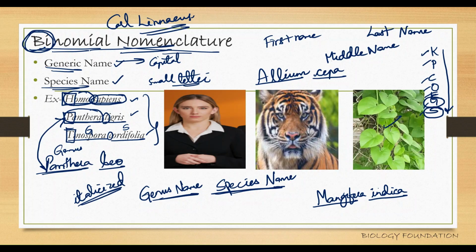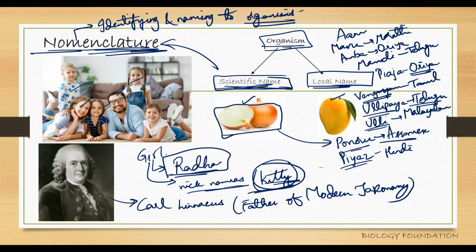So, why is the scientific name very important? Why can't we call mango as aam or maybe as amba, or why can't we call onion as ponnuru, pyaz? Why are we keeping a professional or a scientific name for the living organism? That's because let's assume you are doing research on mangoes. Okay. And your friend who is staying in London or in Newark is also doing research on mango.